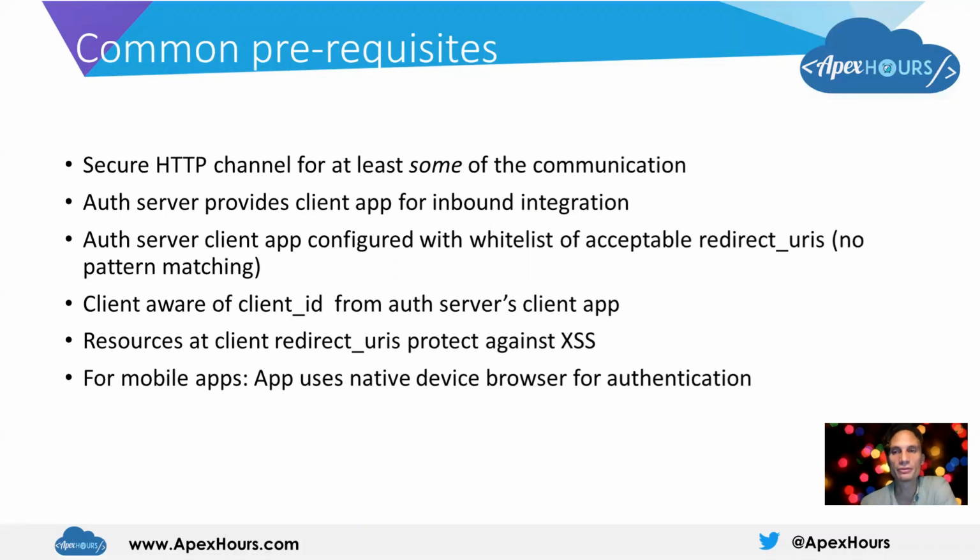So redirect URIs will be where the authorization codes or the tokens will be sent in some patterns. So these will be URLs at the client application, and we need to ensure that those URLs are completely secure. So we'll want quite a short list of acceptable URLs.